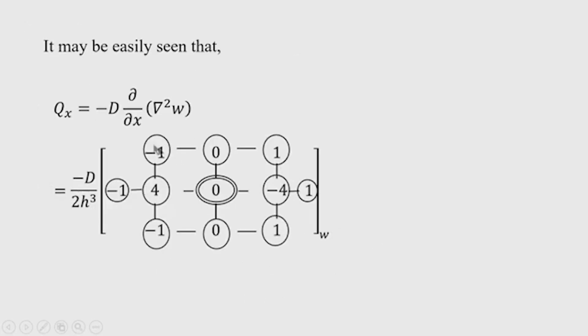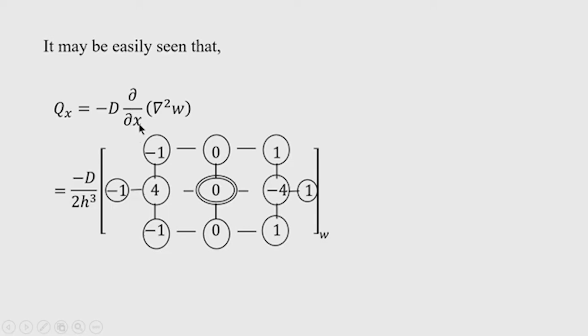Qx, the shear force in the plate along the edge where the x coordinate is specified and y is varying, is given as minus D del by del x of del square w. Del square w we have already evaluated, now we operate on it.